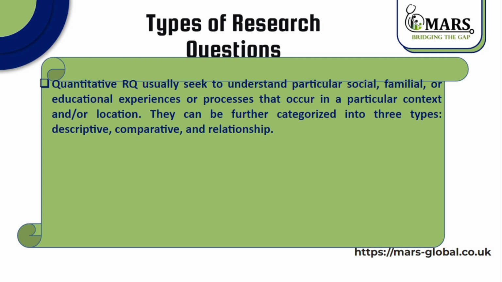So the first one is the quantitative research question, which usually seeks to understand particular social, familial, or educational experiences or processes. Moreover, these questions are not answerable with yes or no responses.